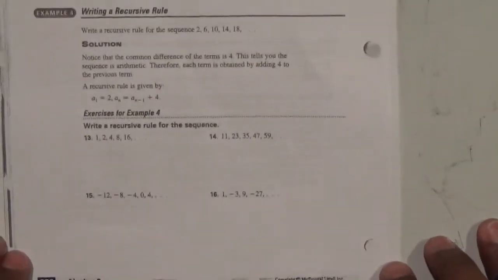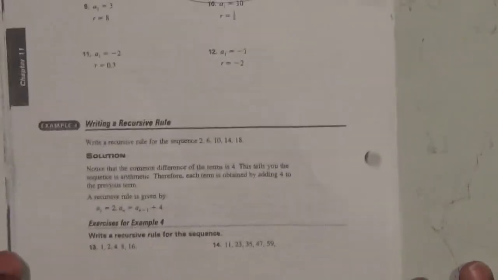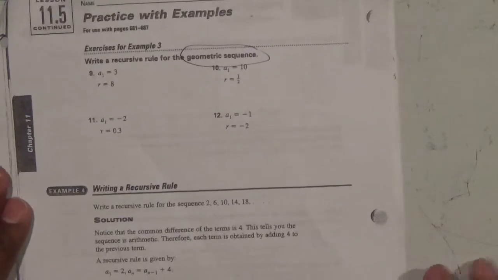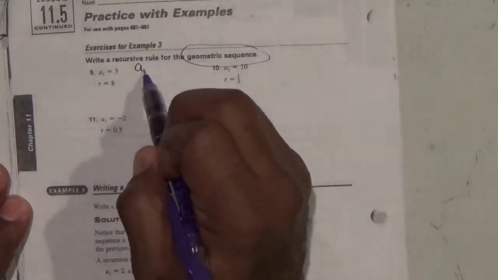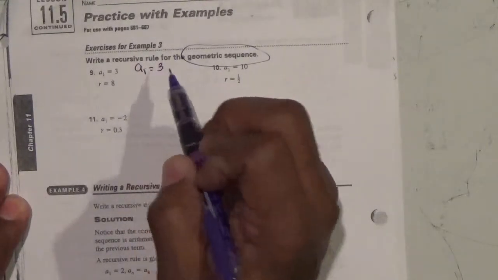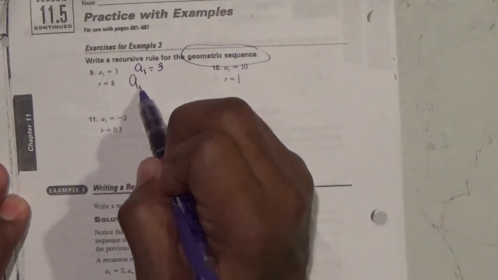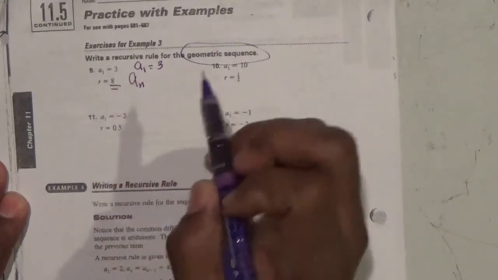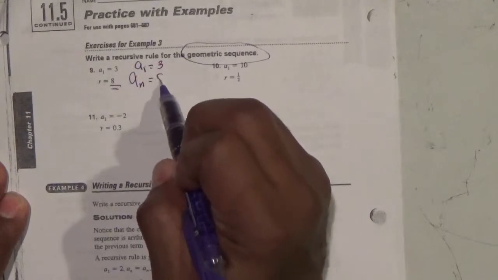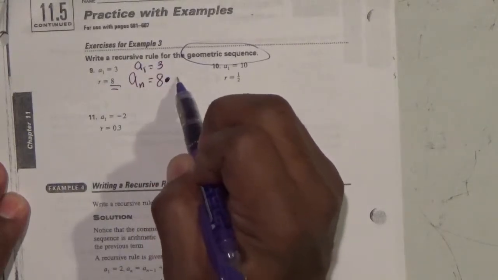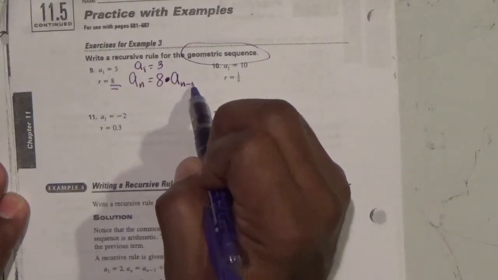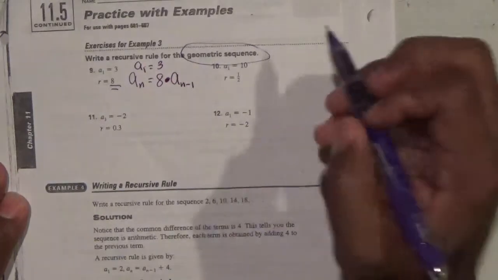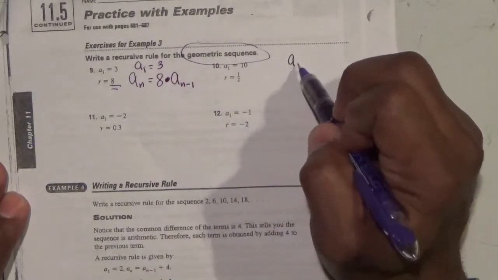A1, the first term, is equal to 3. And since r is equal to 8, the term we're looking for is going to be equal to 8 times the previous term, whatever the previous term is. That's it. These are really straightforward.